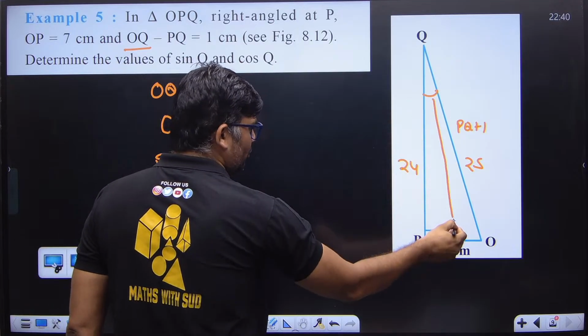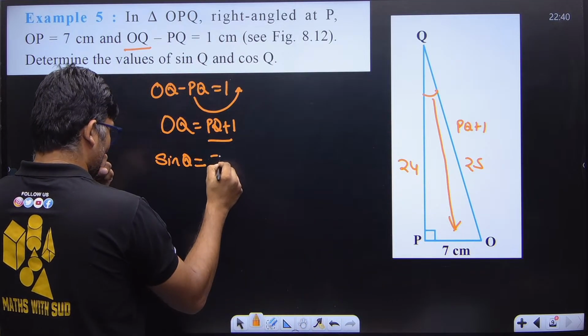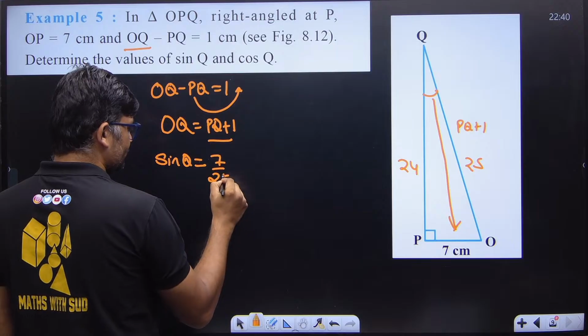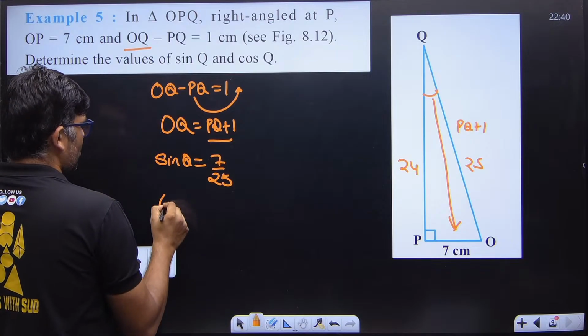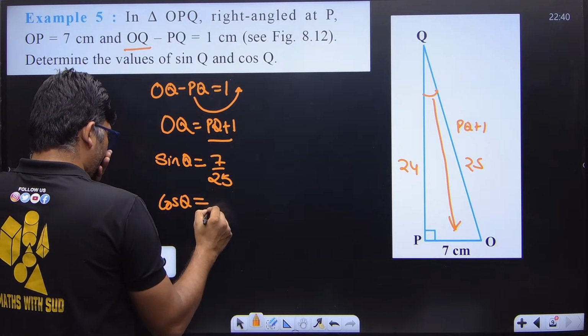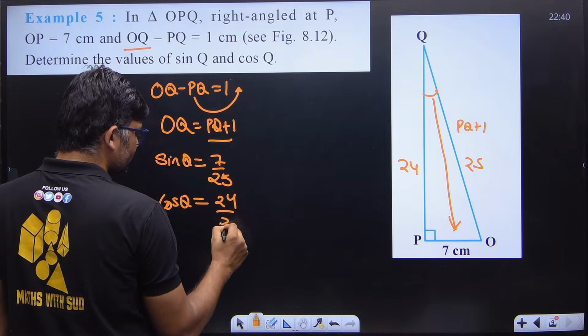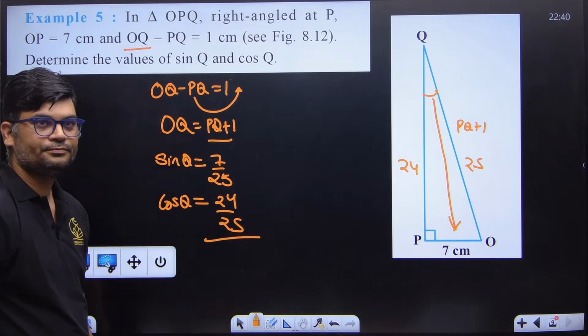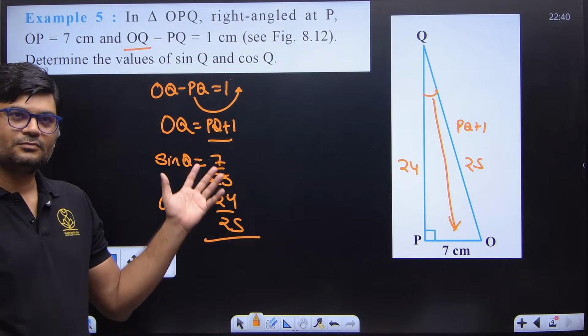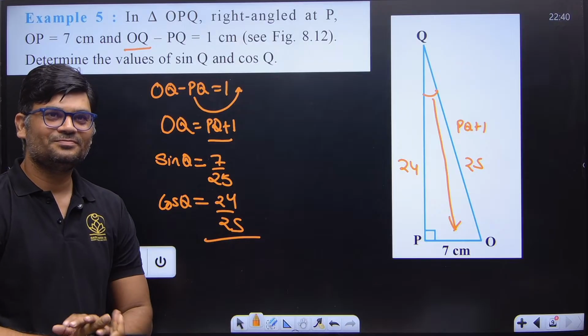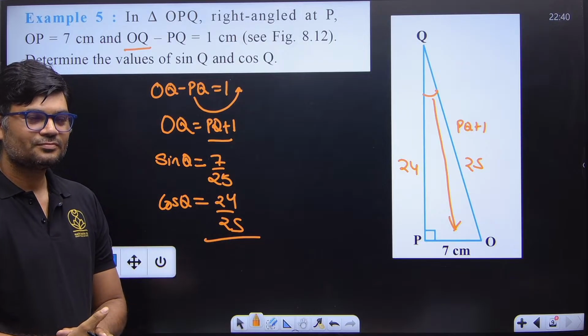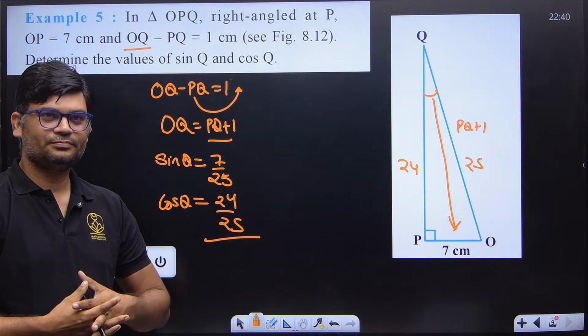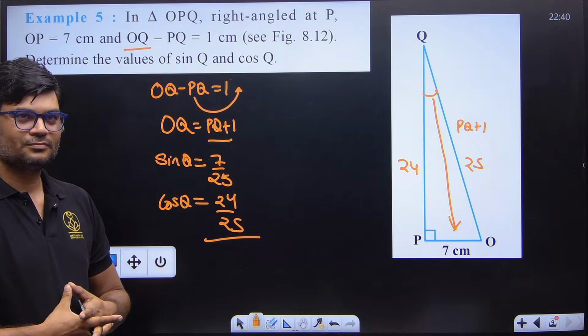Sine means you have to look in front. It's 7 upon 25. See, so easily done. Understood? That is easy.